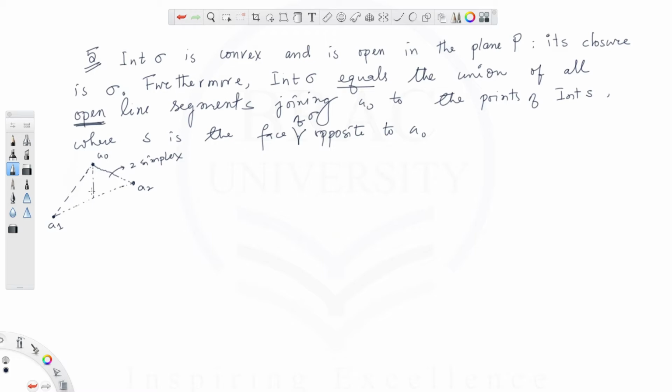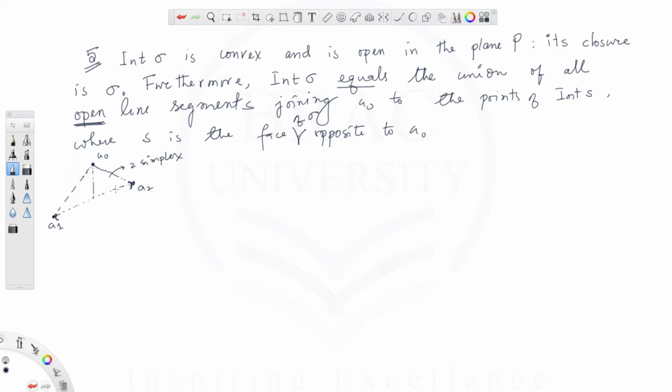So the interior of S, the face opposite to A0, is this open line.